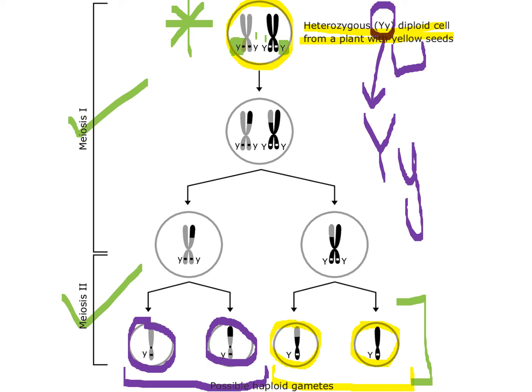But the point that I wish to emphasize is that through Mendel's law of segregation, we find that the two alleles of a homologous chromosome pair split up during the process of meiosis, so that each gamete only receives one of these alleles.